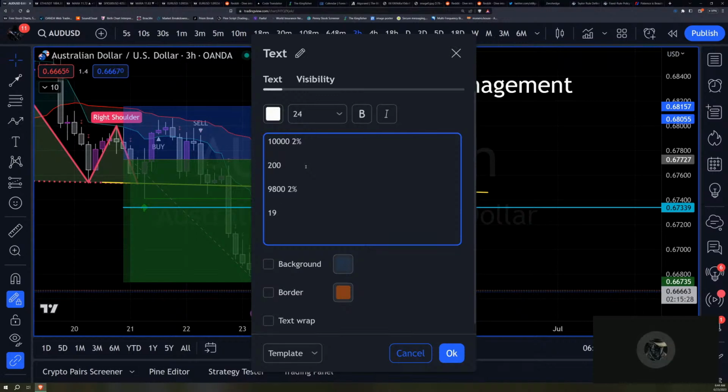So that's your next trade. If you lose that trade, you're going to be sitting at $9,604, and 2% of that is going to be $192. You can see the trend here, right?